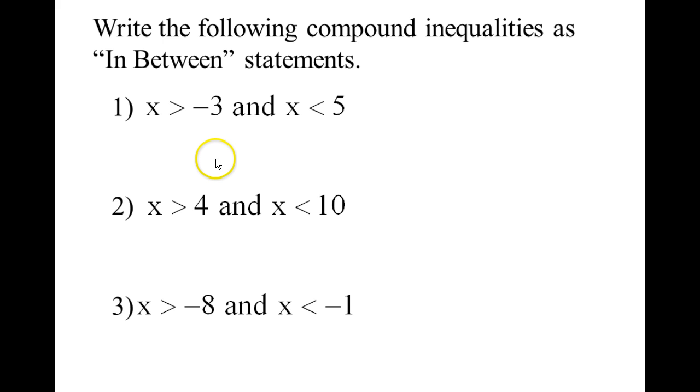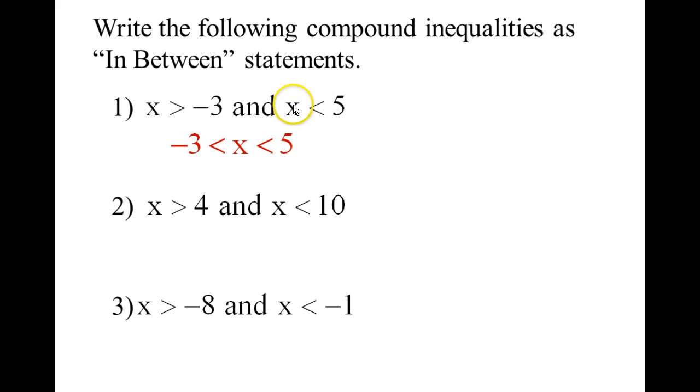So what will we do here? Again, the small number is always on the left, so that's how you know which one to flip around. It doesn't actually have to be the first one. It can be any one, but we flip the smaller one. So here, I'm going to flip around this one because -3 is less than 5. So it's -3 less than x instead of x greater than -3.